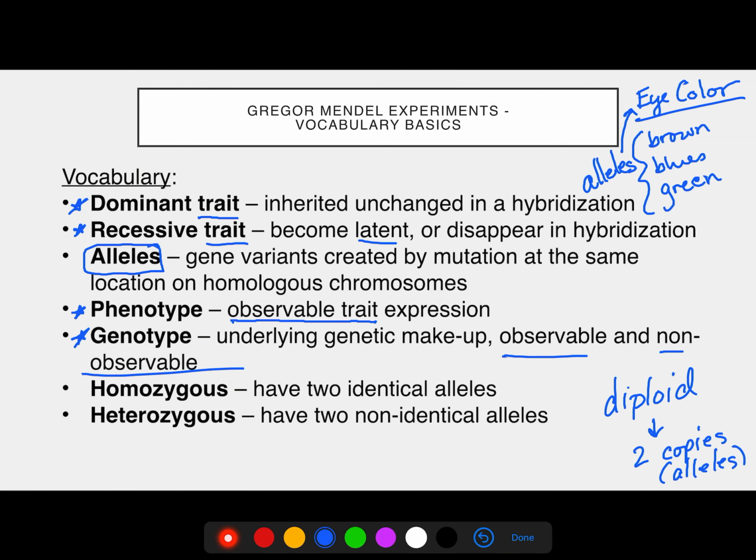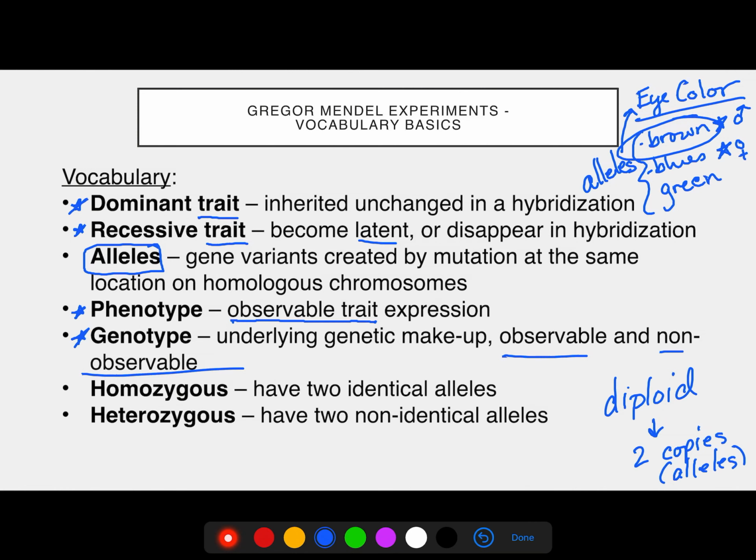So if you happen to have the allele for brown eyes from, say, your dad, and the blue eye allele from your mom, you've got two alleles, 1, 2. Which one are you going to have? Are you going to have blue eyes or brown eyes? Well, brown eyes is the dominant allele, and so your eyes will be brown, but you're still carrying the blue eye allele, and you could potentially pass that on to your offspring.